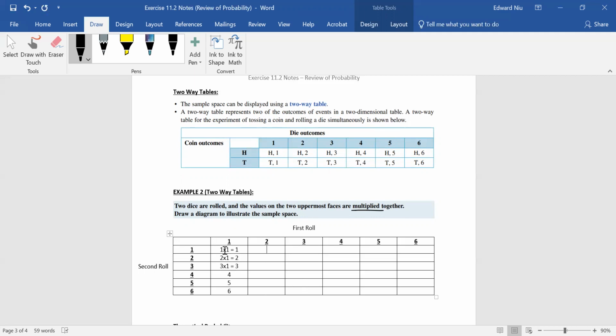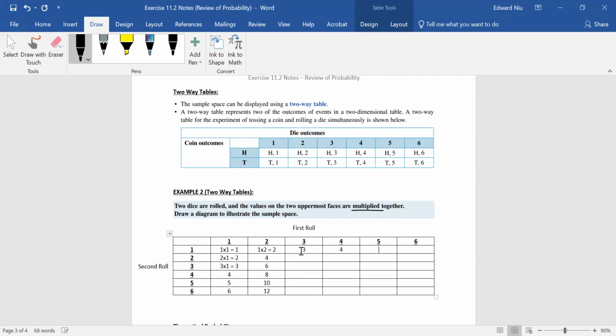This one here we have 1 times 2, which equals 2. 2 times 2, 4. 3 times 2, 6. 4 times 2 is 8, 10, 12. And then you just multiply everything together and you get all the possible outcomes that can happen when we roll 2 dice together.